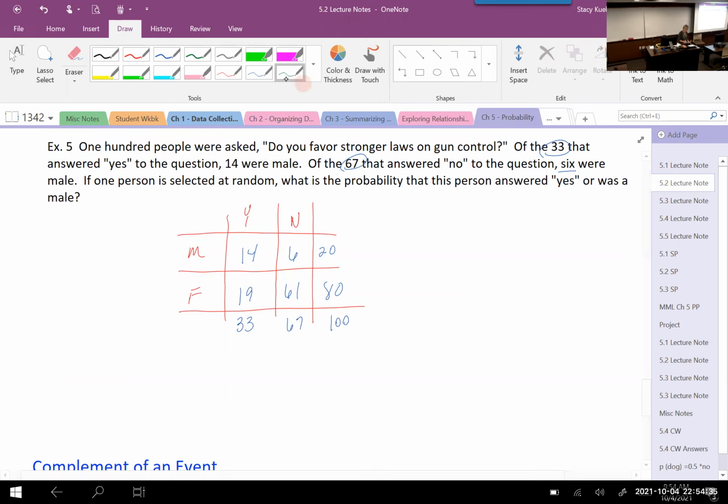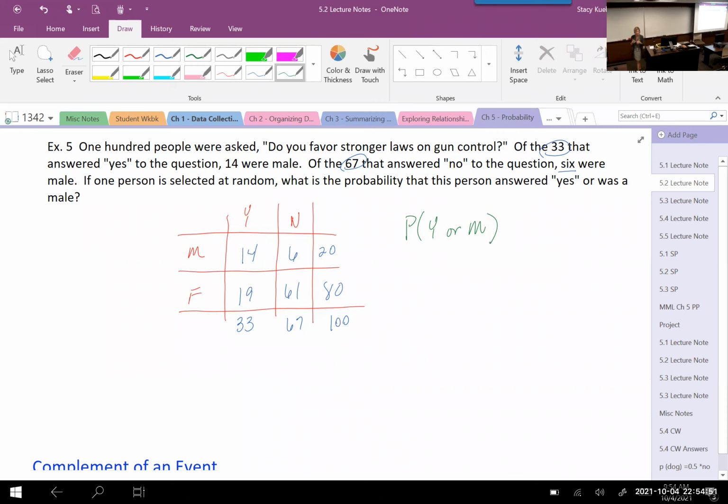So the probability that we're being asked to look at here says, what is the probability that a randomly selected person answered yes or was male? Yes or male. That implies addition.